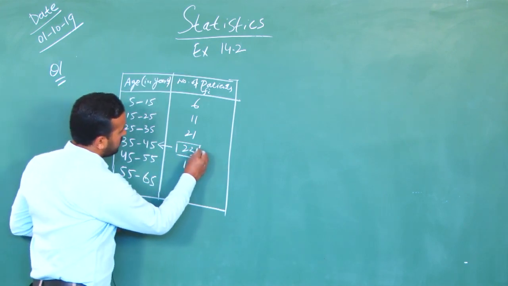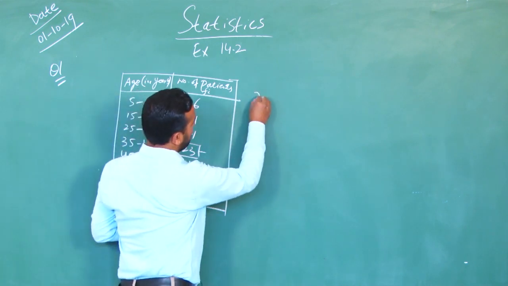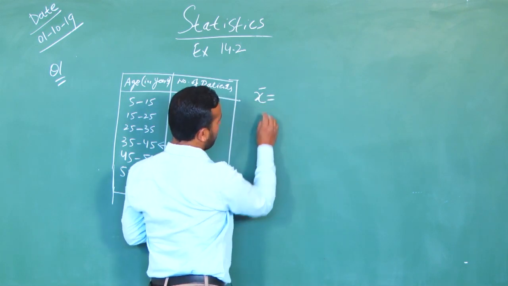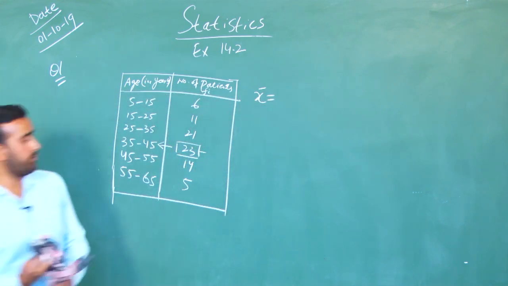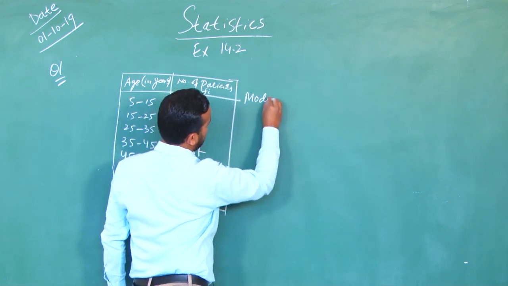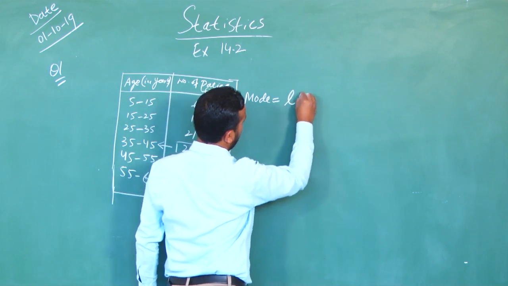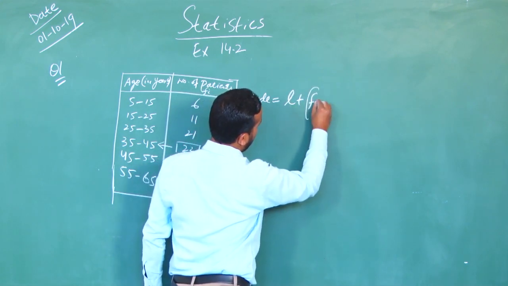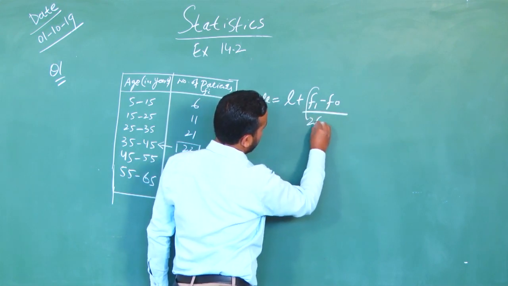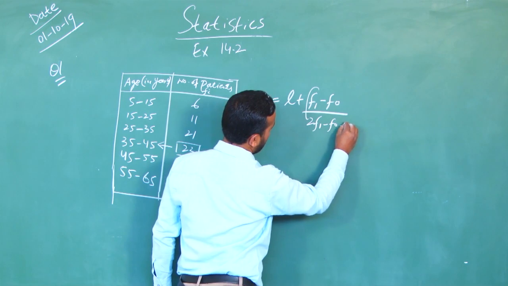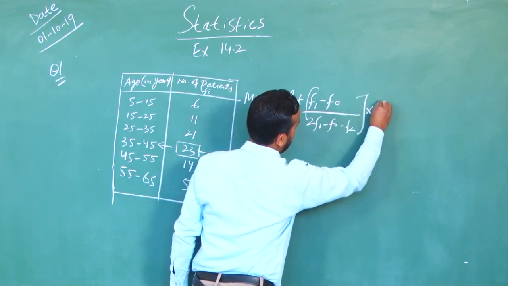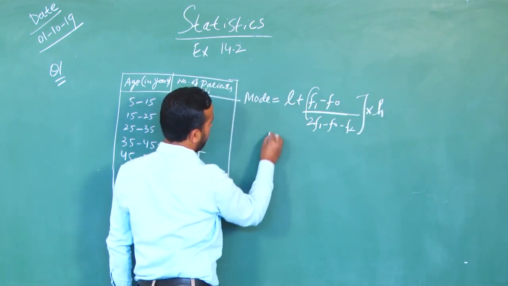And as we know, by the formula for how to calculate the mode of the given data, mode is equal to L plus (F1 minus F0) divided by (2 times F1 minus F0 minus F2), multiplied by H. These are the values that we are going to use from our table.